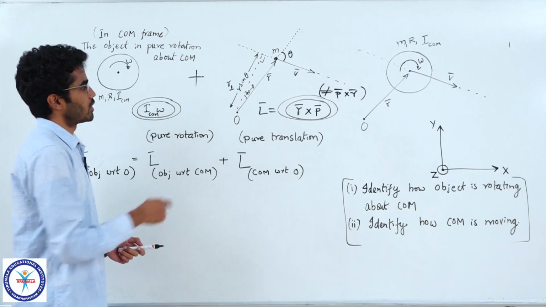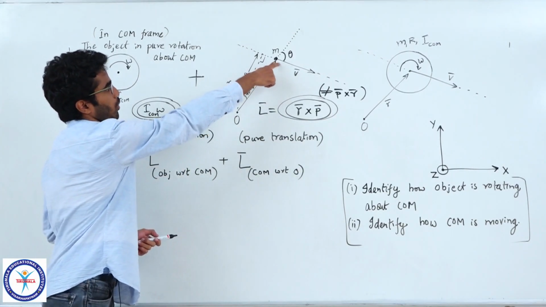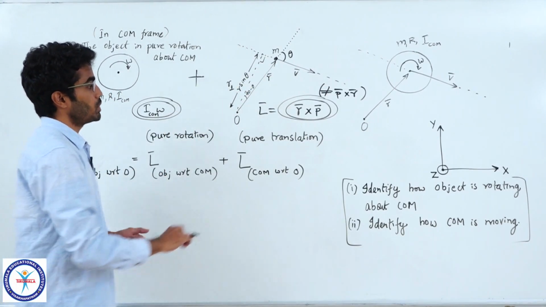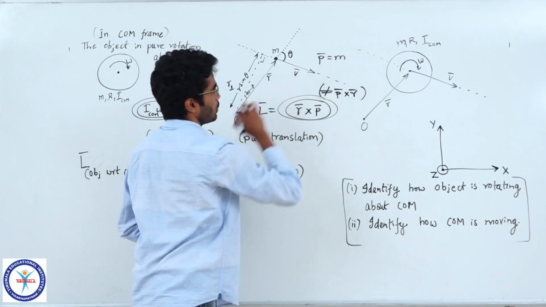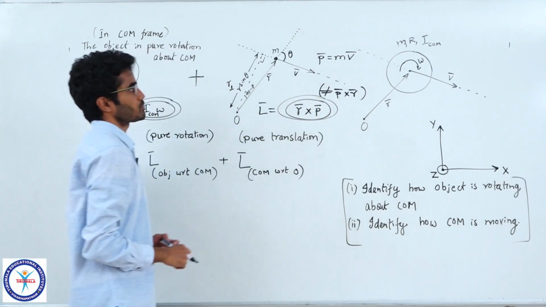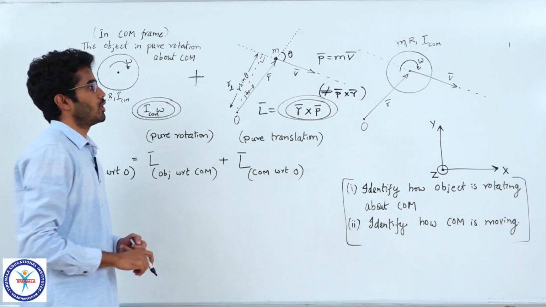r is the position vector drawn from the reference point O to the point where the mass is located at that instant, and p is the linear momentum, p bar. You obtain it by multiplying mass with the velocity vector. So, m times velocity vector gives you the momentum vector.